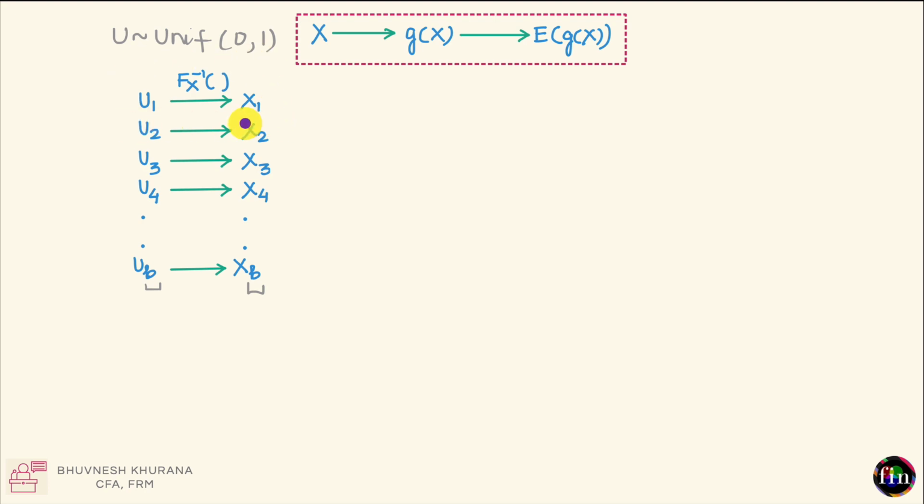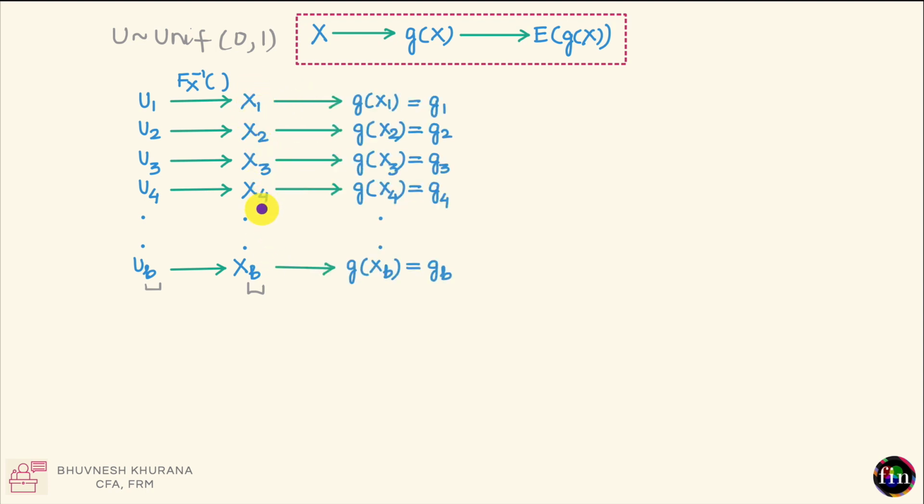This procedure is called the inverse transform method. Because each of these u's were independent of each other, each of these x's will also be independent of each other.